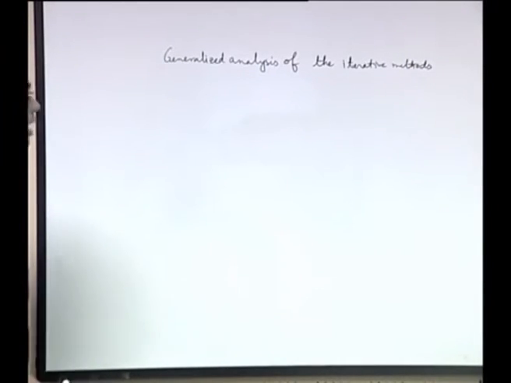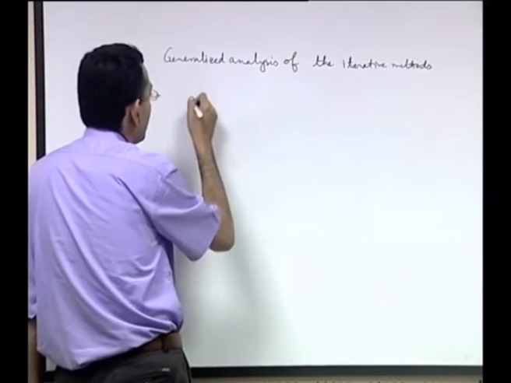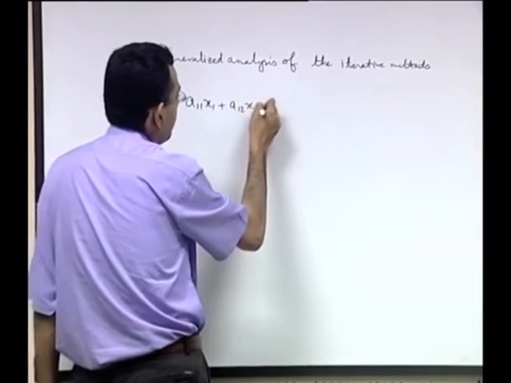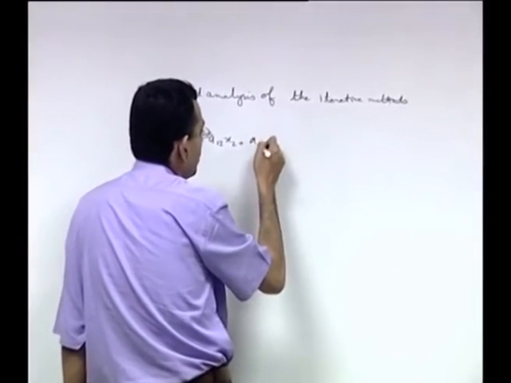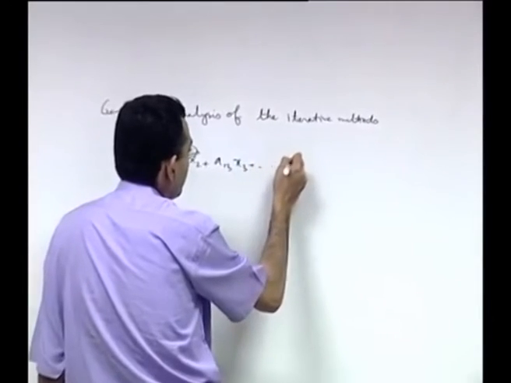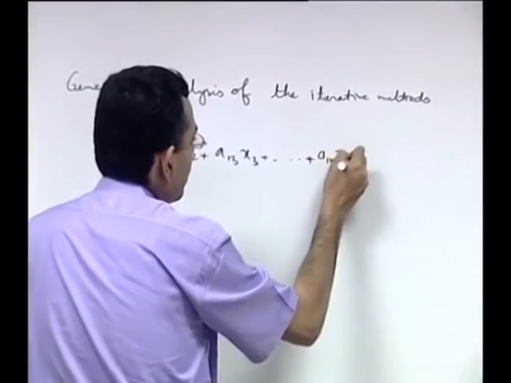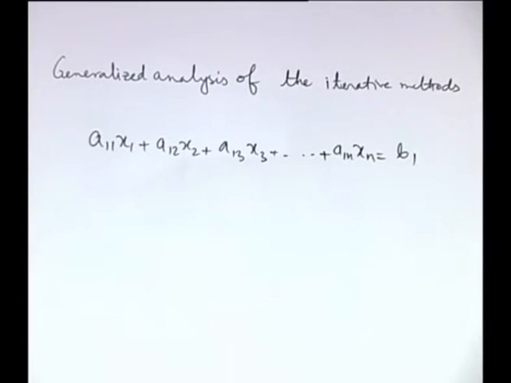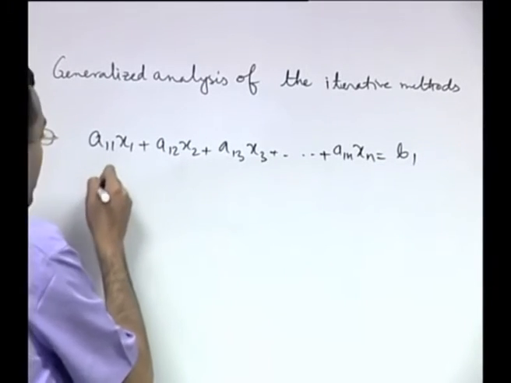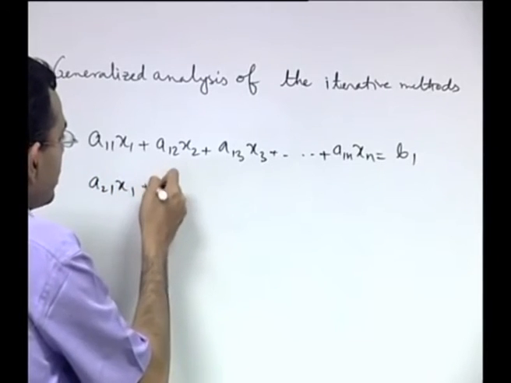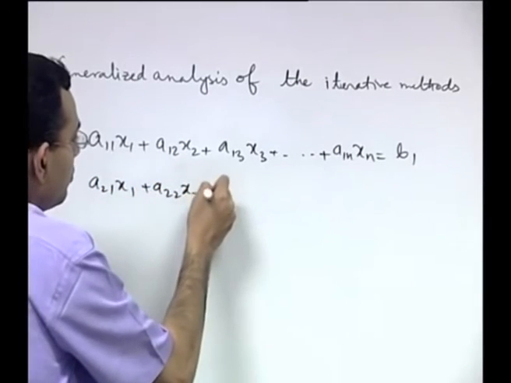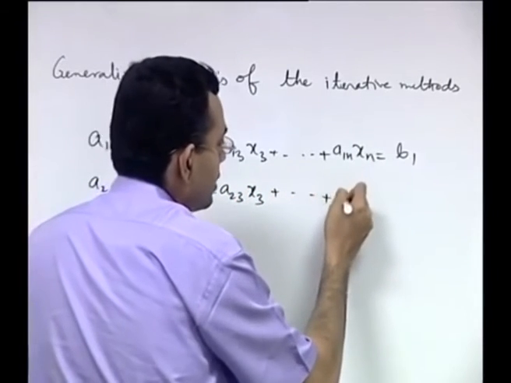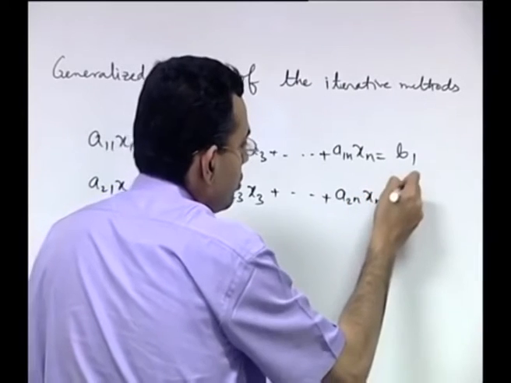Let us say that we have the system of equations a11 x1 plus a12 x2 plus a13 x3 in this way up to a1n xn is equal to b1. Then A21 x1 plus A22 x2 plus A23 x3 in this way plus A2n xn is equal to B2.